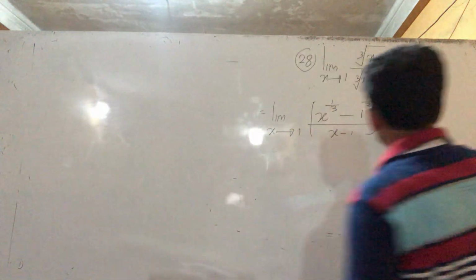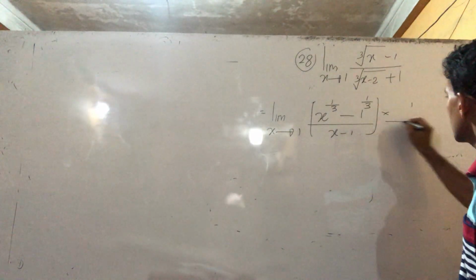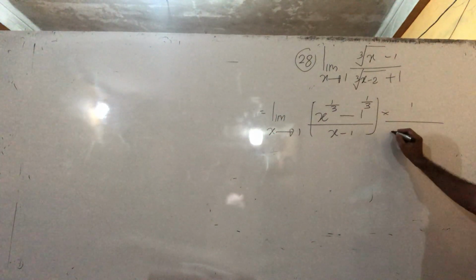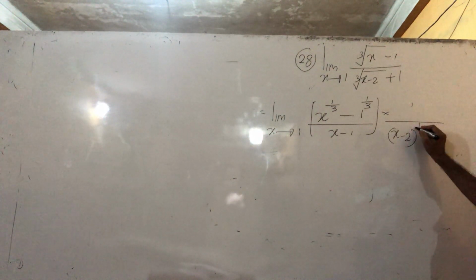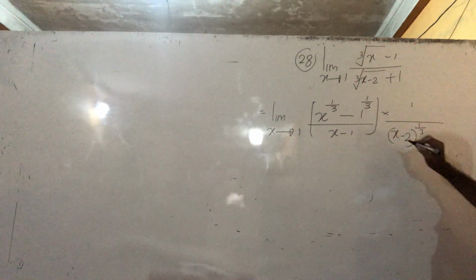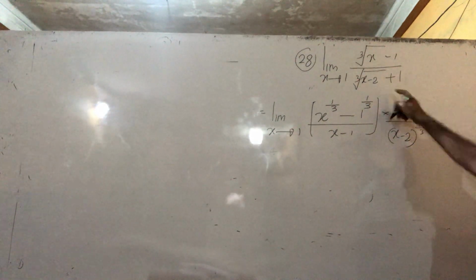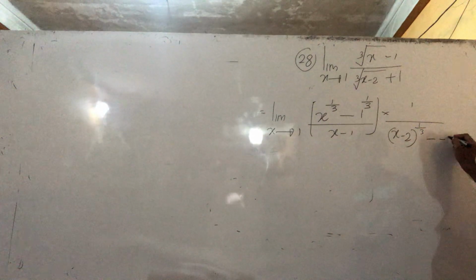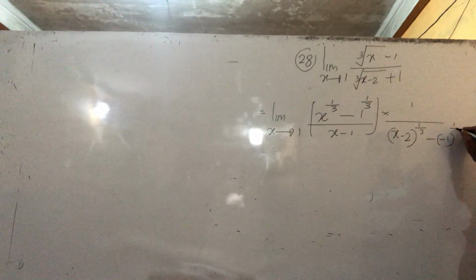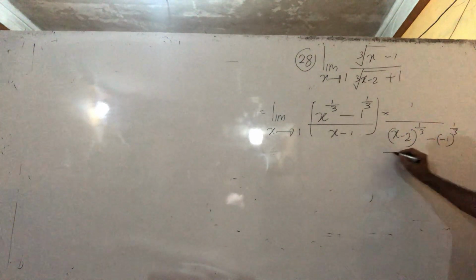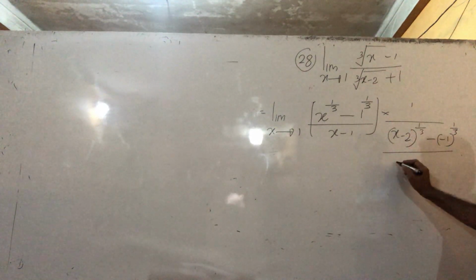See the next one. There is 1 over, and this also is x minus 2 to the power 1/3. Here plus 1 should be how then? Minus 1, is it power 1/3? Then below, without the power.